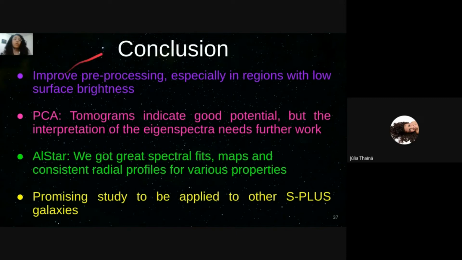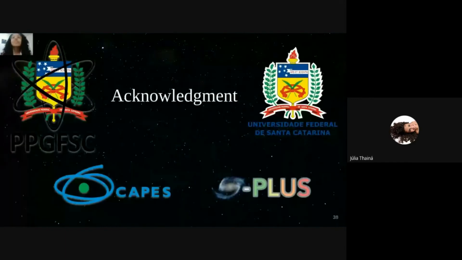And with ALL-STAR, we got great spectral fits, maps, and consistent radial profiles for various properties. Then this is a promising study to be applied to other S+ galaxies. That's it. Thank you all for listening.